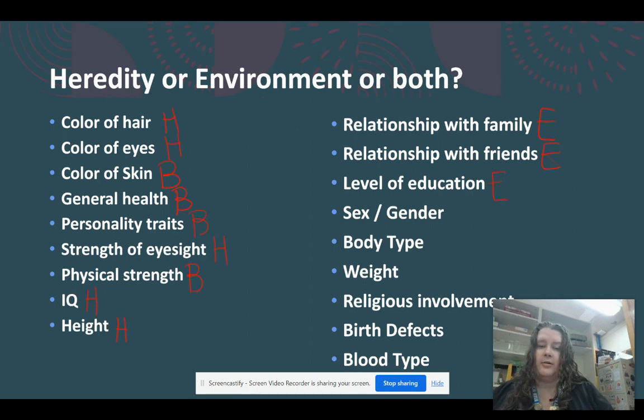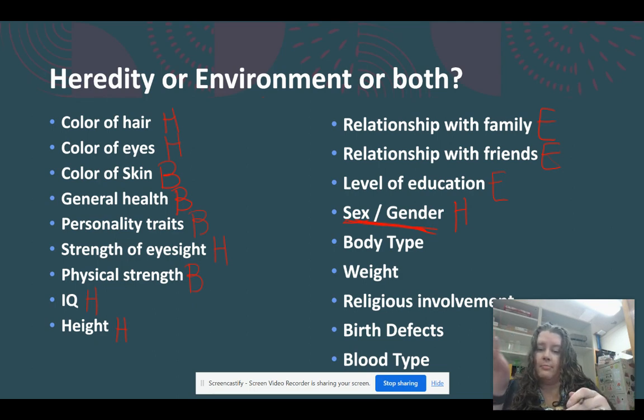Sex or gender, okay? I'm actually going to kind of split these up, right? So the way the standards talk about this is we're talking about the sex or gender of the kid when they are born. So that's a heredity thing, okay?